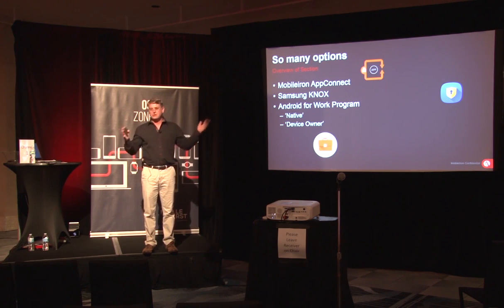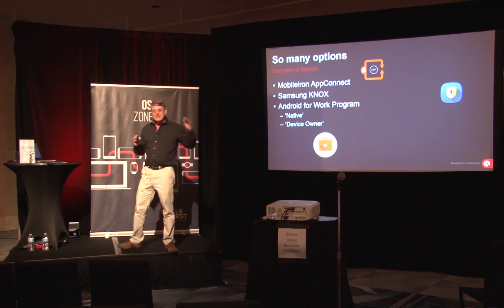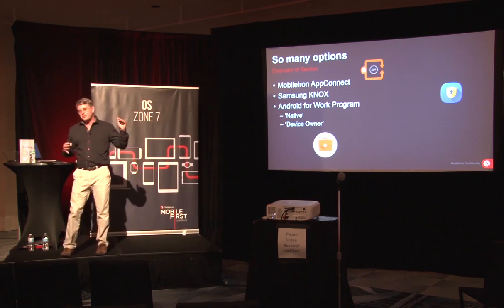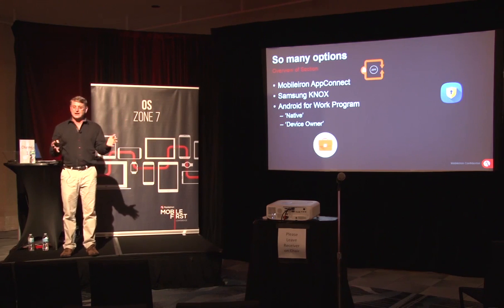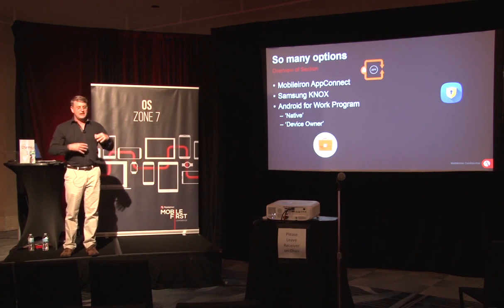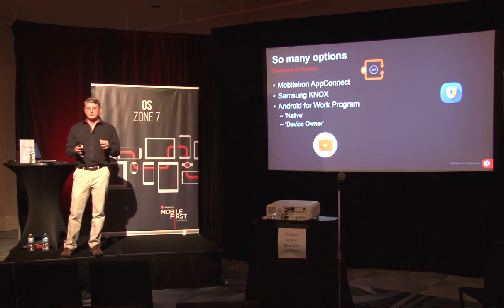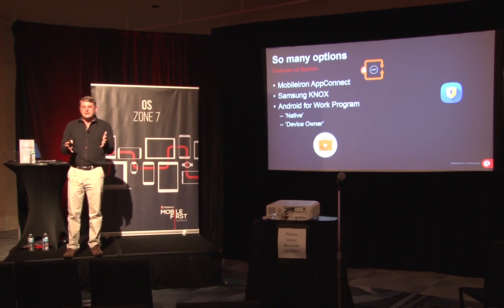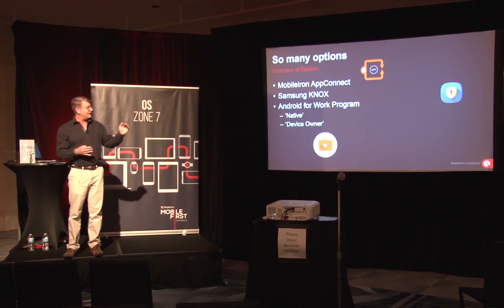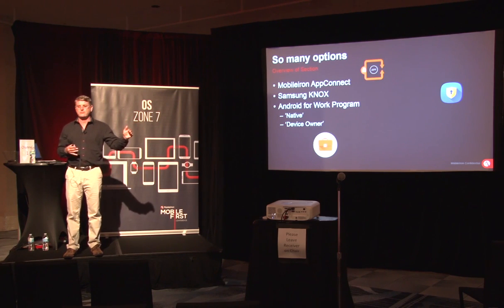And also, across vendors, right? And then that was the neat thing about Android for Work. Google said, I recognize what AppConnect and other container solutions have done, and I've also now recognized what Android needs to do in the environment, and they brought Android for Work to the forefront.